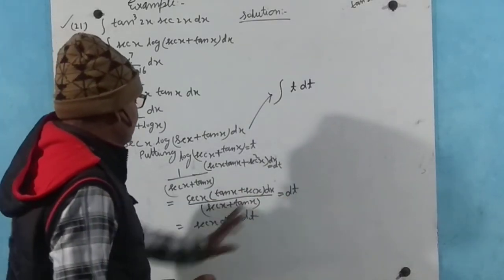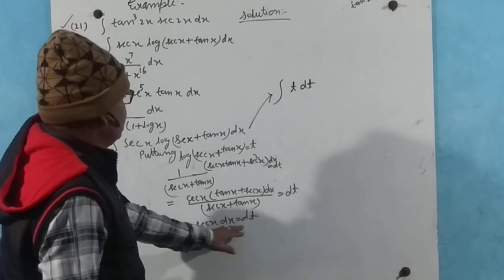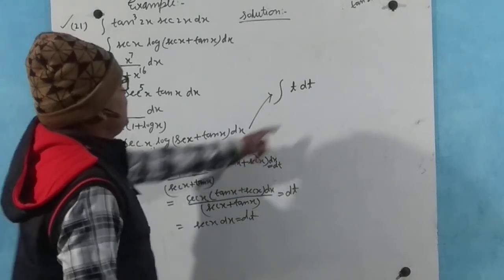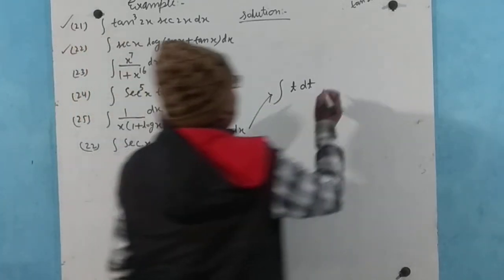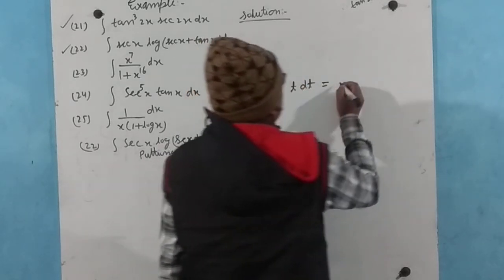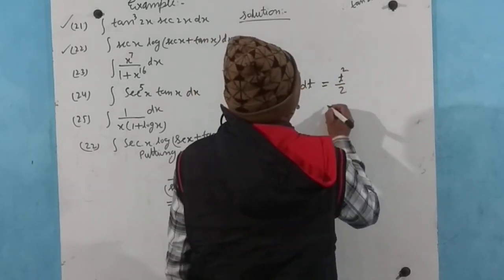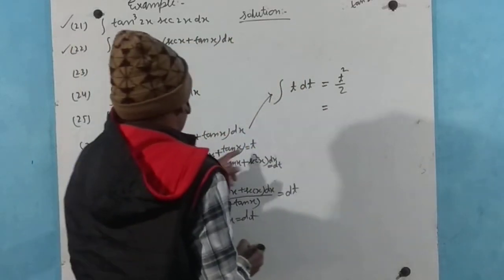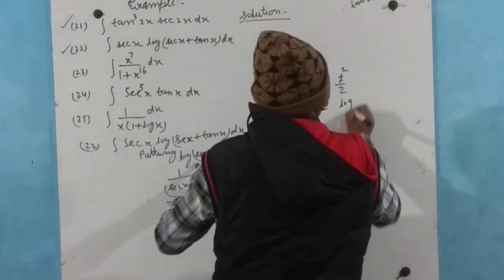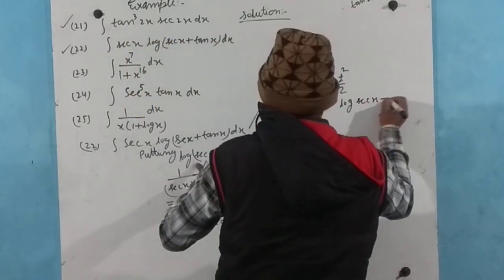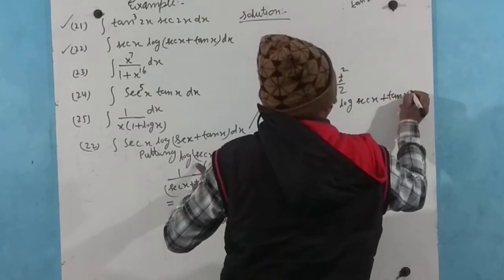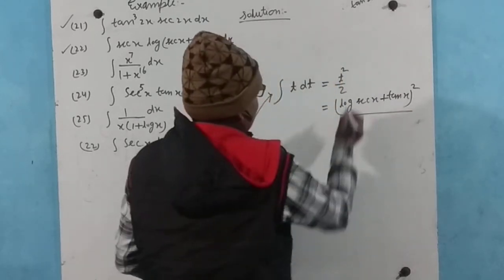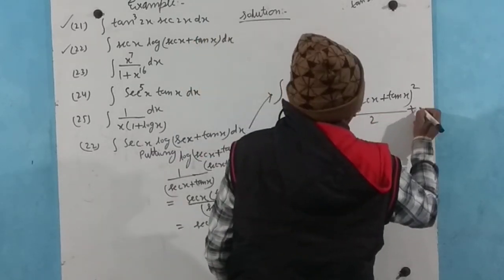This is equal to t square by 2. It means that putting the value of t, log sec x plus tan x to the power 2 divided by 2 plus integrating constant c.